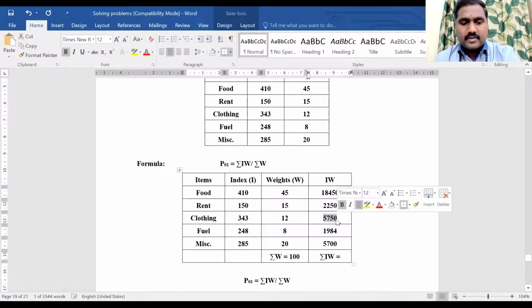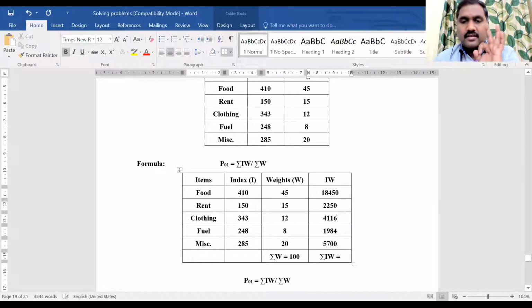Yeah, guys, there is a change in the third row for clothing. 12 into 343 will be 4,160. Okay, right, fine. Now, what is the total value of IW? 33,500. Okay, so we got the value now.